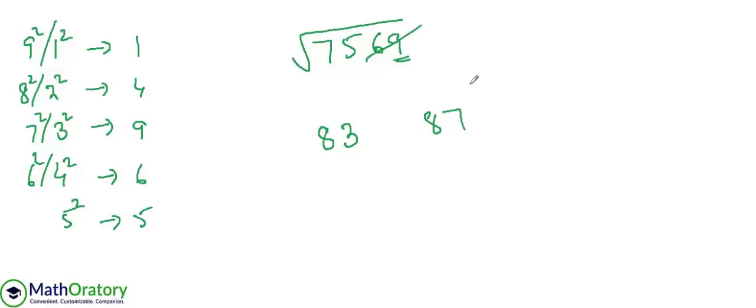Now the way to check the possibility, the simplest way is to multiply this 8, whatever you got here as a tens digit, into the next number. So 8 into 9, and that is how much? 72.